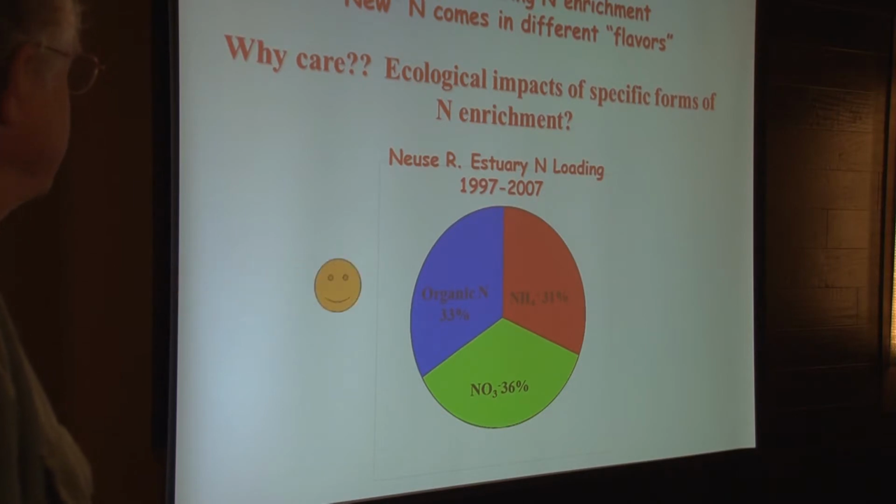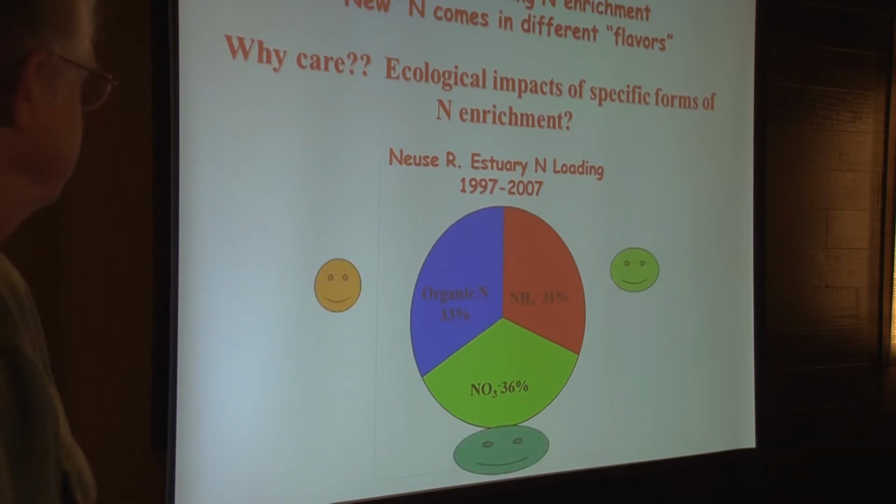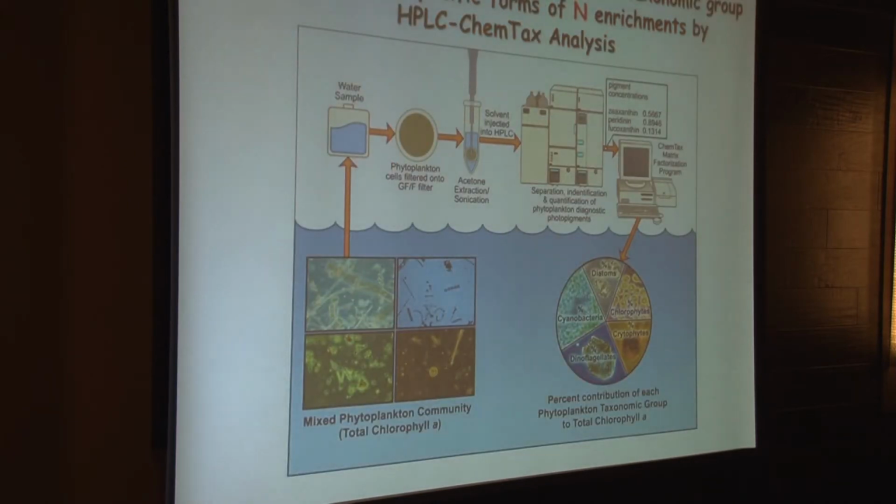So it does make a difference, and I'll show you just a slide or two to show you what happens when we use different forms of nitrogen in the same concentration and then look at the phytoplankton community response.